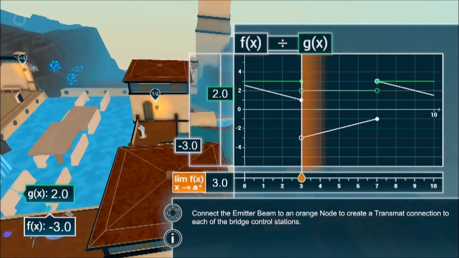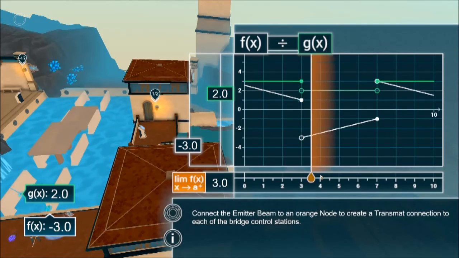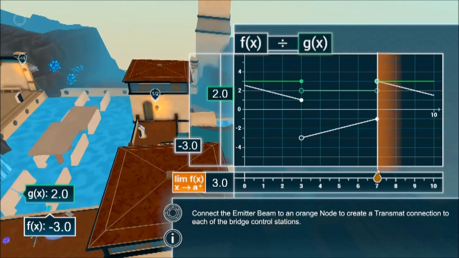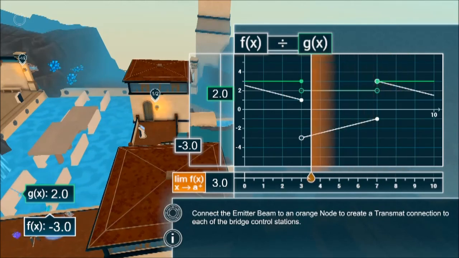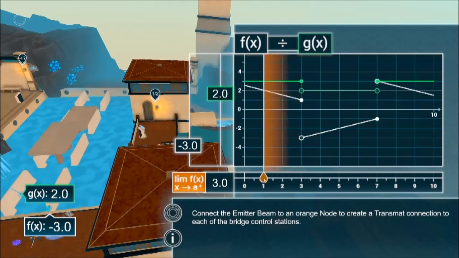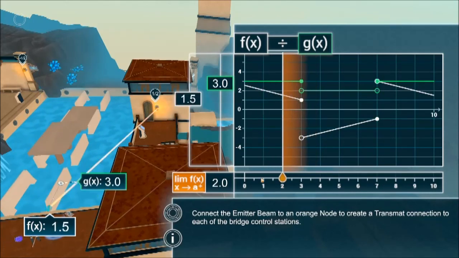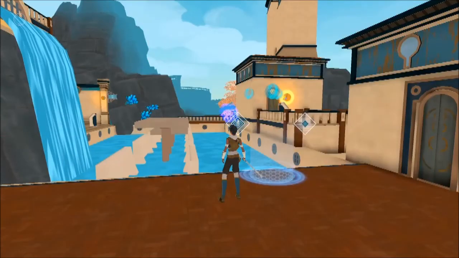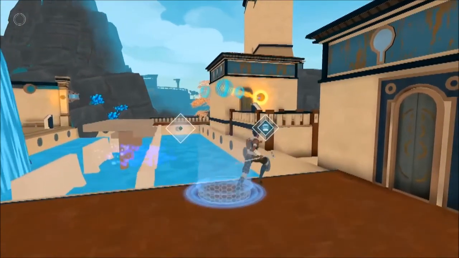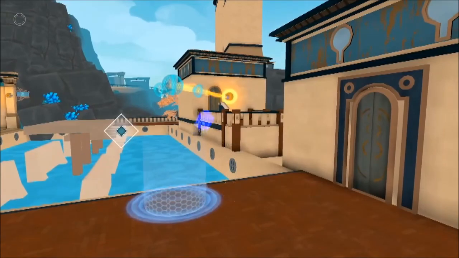No. What? Because that's 1. Oh, right, yeah, no. Okay. It's 2 divided by 3, but that is 1.5, which does work. There we go. So now we can transmit over there, we can sort that one out.